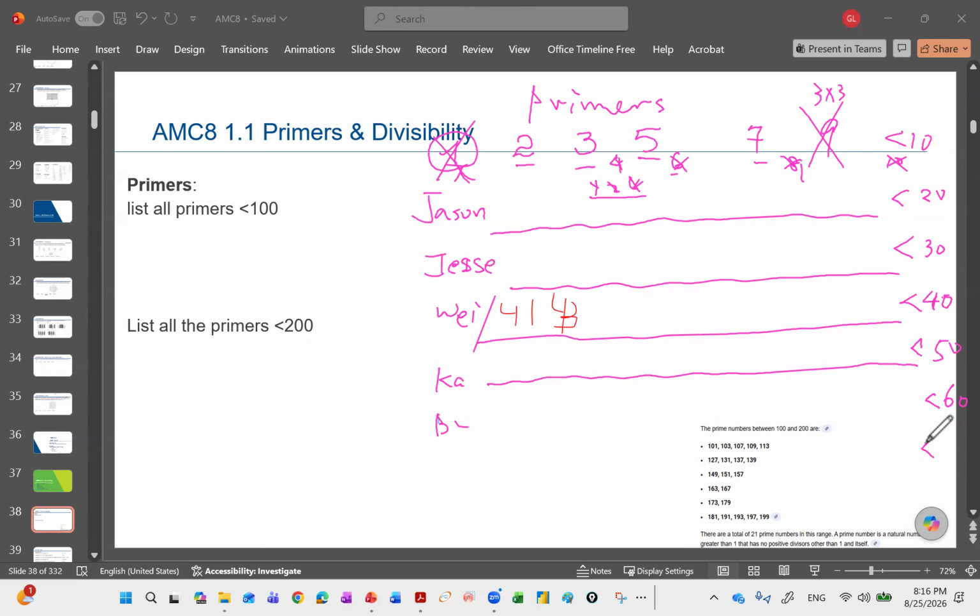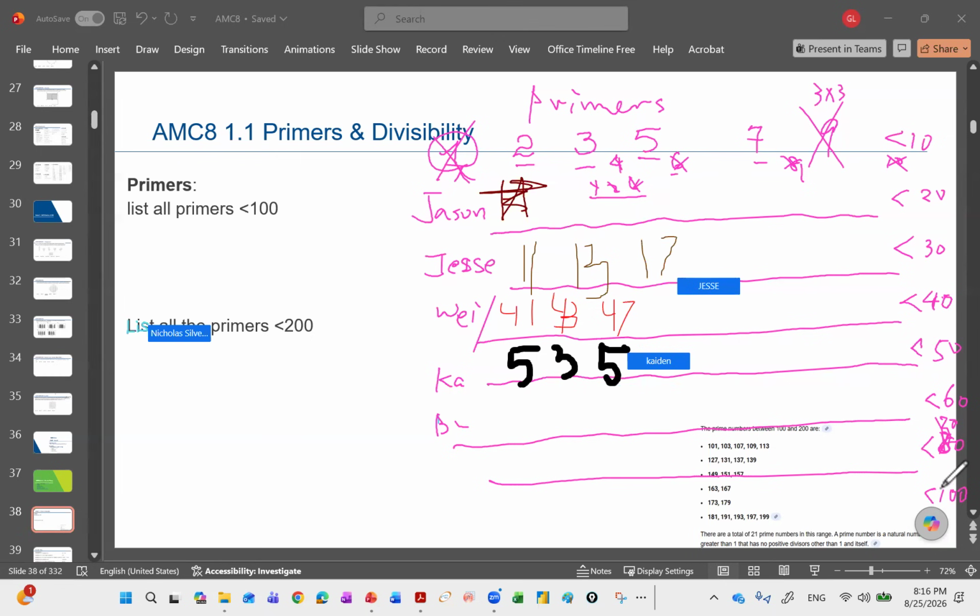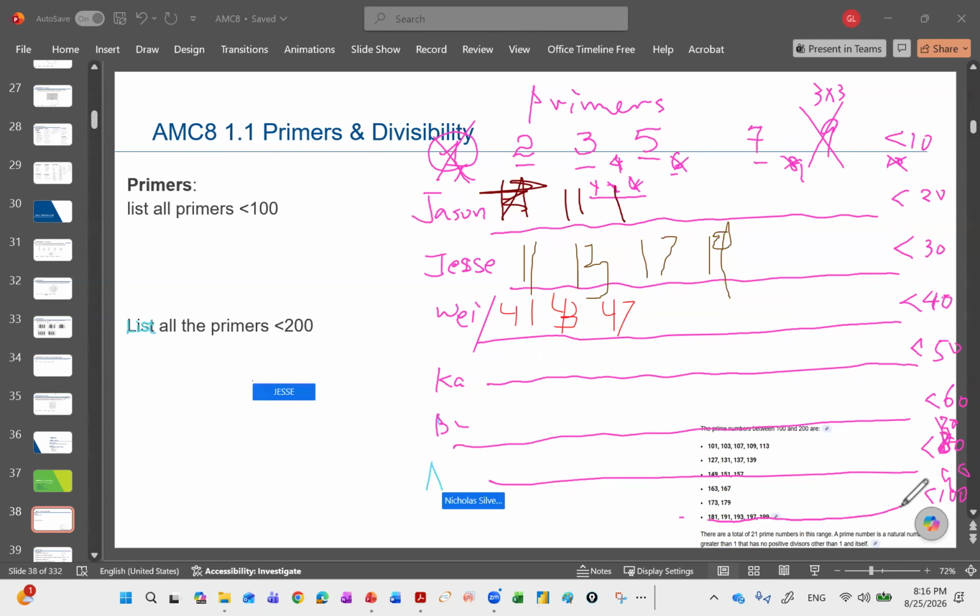So 11, 13, 13, 17. Between 10 and 20, pick one, you can pick some bottom part, between 90 and 100. We need to list all of them.